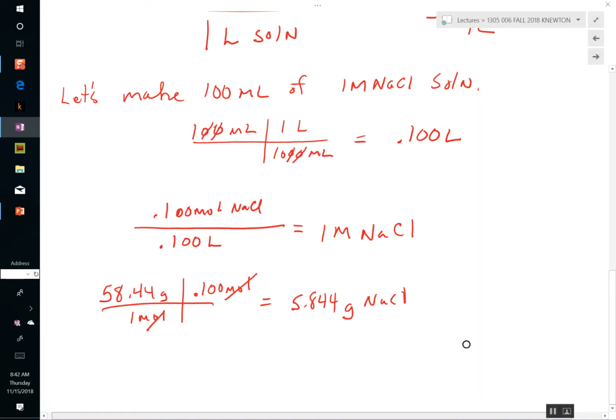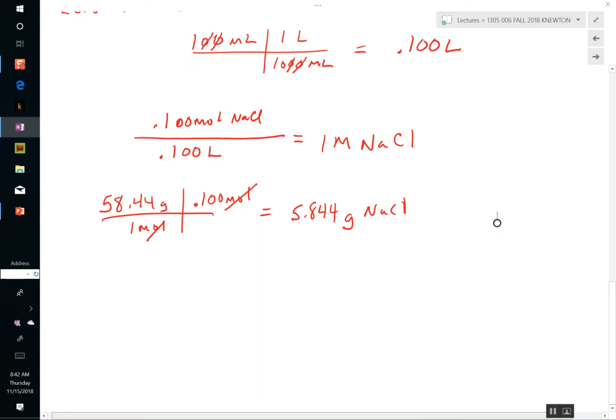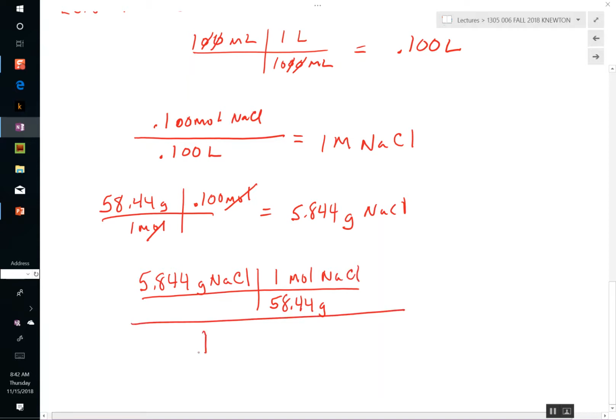All right? So stick with me. We're doing some of these calculations. So if I had 5.844 grams of sodium chloride, and it is 1 mole per 58.44 grams, and I had that in a 1/10 of a liter volumetric flask, I did this calculation right here in the numerator, so molarity equals moles per liter.